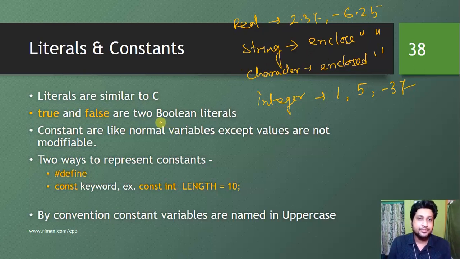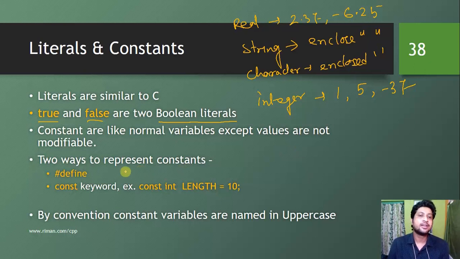C++ has introduced Boolean literals, true and false. Like I said, only two values are allowed in the case of Boolean variables, and these two values are true and false, and these are the new Boolean literals as well. Constants are like normal variables, but the value of a constant cannot be modified.